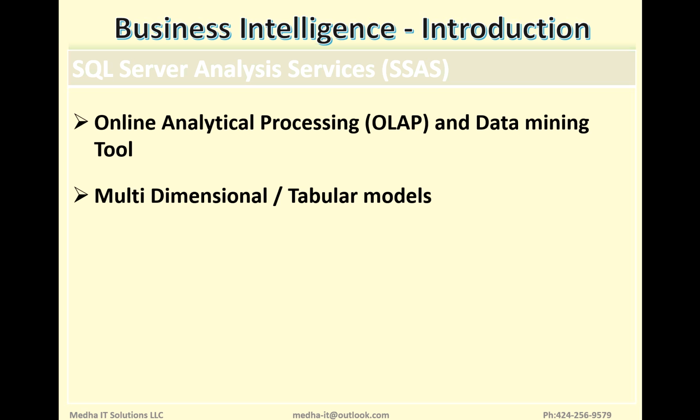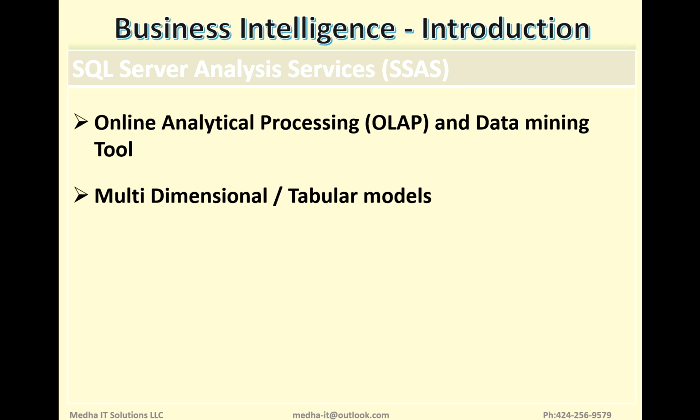Similarly, analysis services is also one of the mechanisms where we enable users to access the data. Whereas the difference between reporting services and analysis services is it is not canned. Canned means it is a fixed structure. So user can change the structure. User can see the data in different perspectives, which is not possible in reporting services.